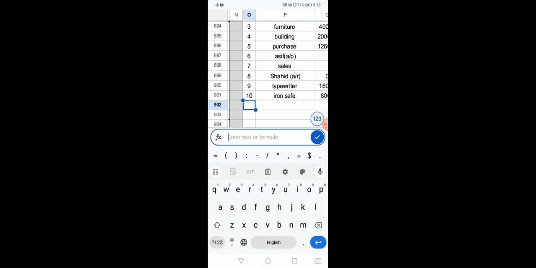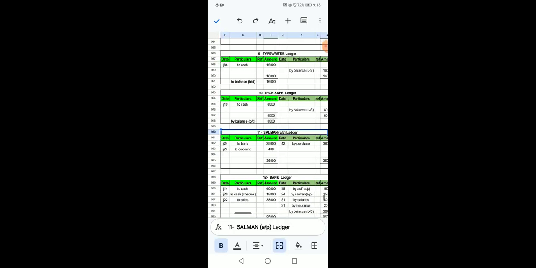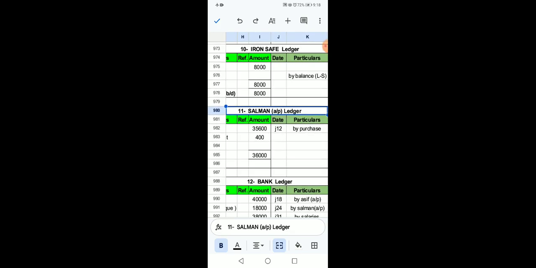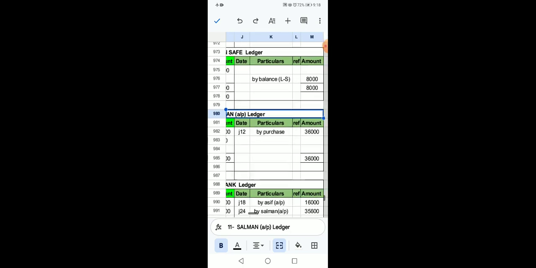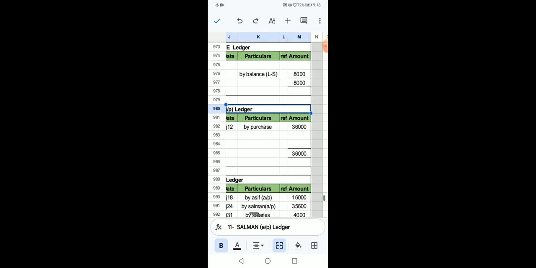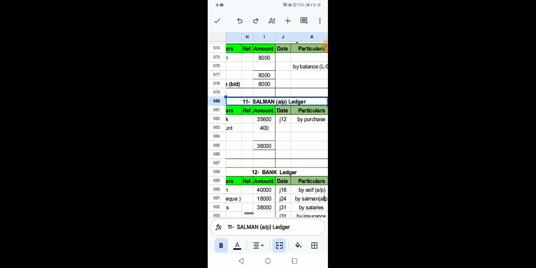Now let's see what the title is for ledger number 11. This is ledger number 11, Salman, account payable, and you can see there is no balance. So we are just trying to save our time. No balance is written over here in Salman's ledger. So you can write the title first.